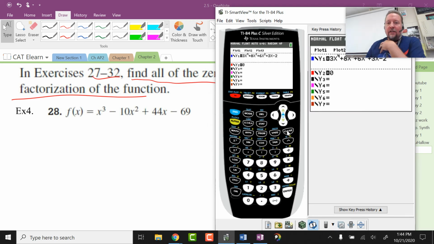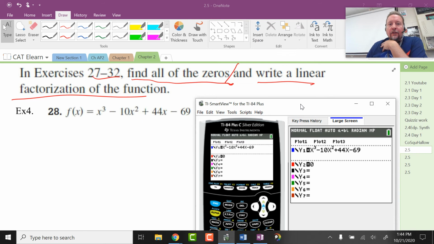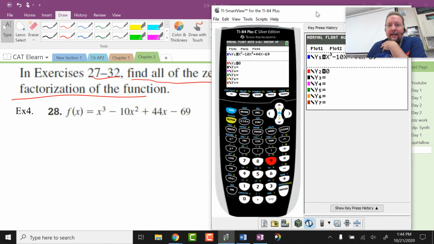So this will give students a chance to catch up. x cubed minus 10x squared plus 44x minus 69.